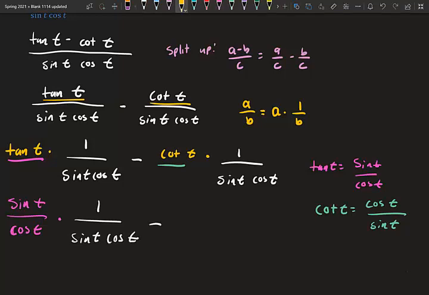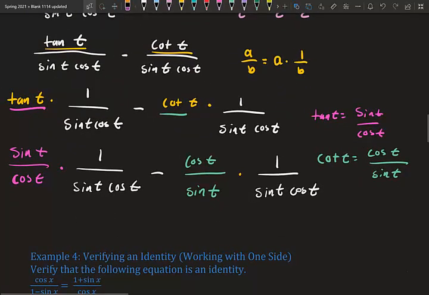And then for cotangent, we have cosine over sine. Alright, so we're switching everything. It's starting to match now. Now let's see if we can do anything. So we have sine t over cosine times 1 over sine cosine.